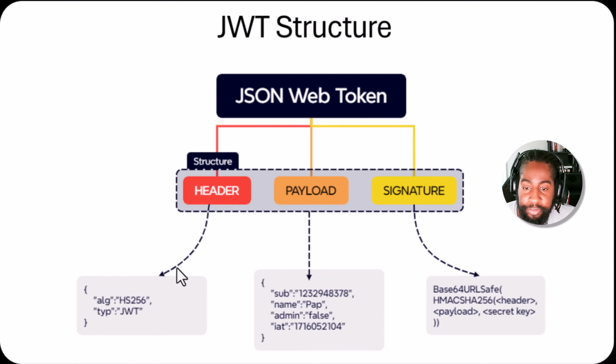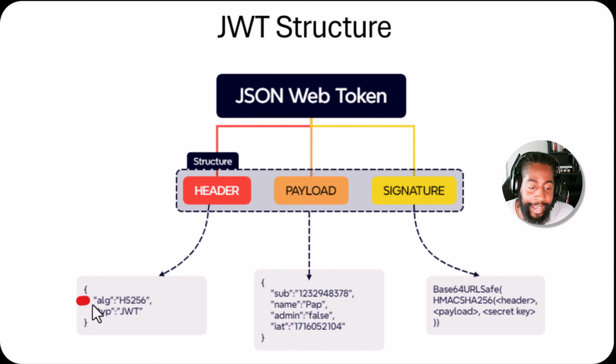All right, let's dive into the values of the header. We have 2 values, ALG and TYP. Let's start with ALG. This is your algorithm, the algorithm that you're going to use to hash the JWT token as part of the signature, the signing mechanism.